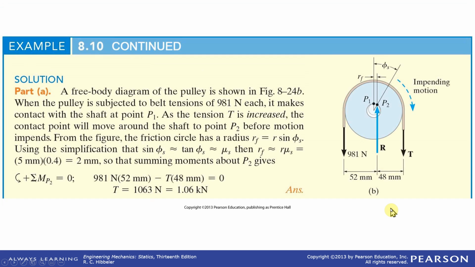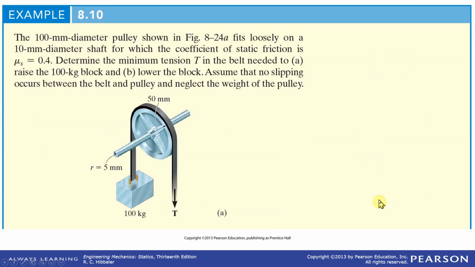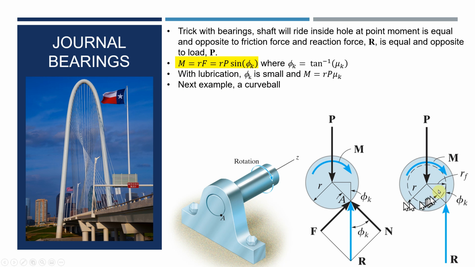In this case, phi s, not phi k. So here's the load. Here's the normal, phi s. You're going to have rf you can calculate there. In this little diagram, it's right here. It's just this length, the distance between the line of action of the load and the line of action of the reaction.